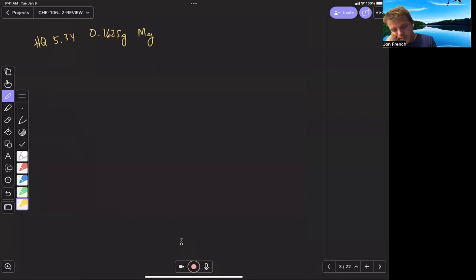We burn it in the bomb calorimeter. The heat capacity of the bomb calorimeter is 3.03 kJ per degree Celsius. Temperature increases by 1.252 degrees Celsius. They're looking for the heat of the reaction.